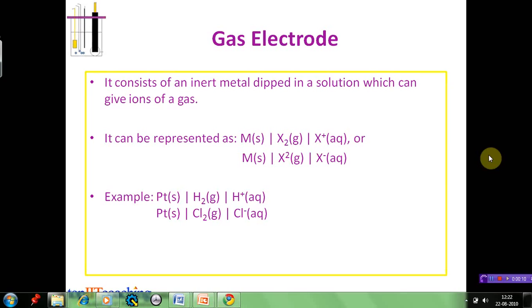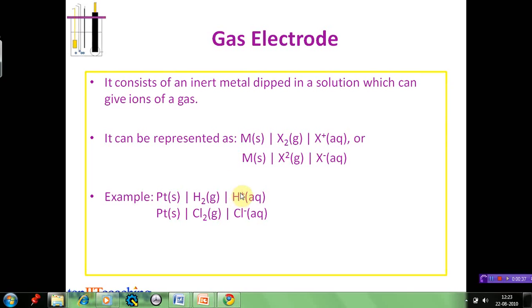The next type of electrode is the gas electrode, which consists of an inert metal dipped in such a solution which can give the ions of a gas. So we can represent it as M(s), which denotes the metal separated by a pipe character from X2, which is a gas, and X+ or X- are the ions of the gas, which are present in the solution state.